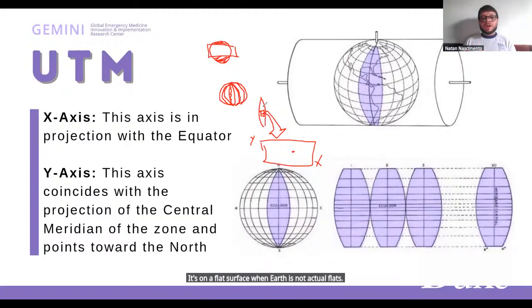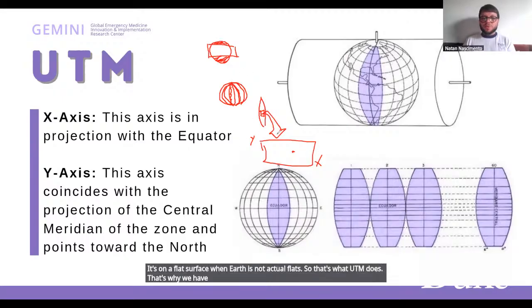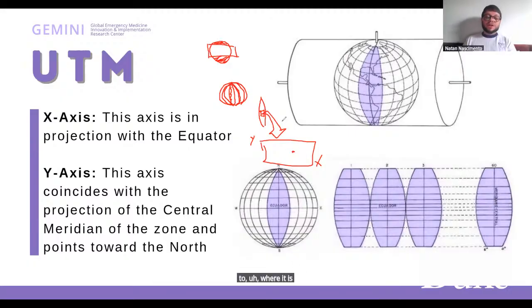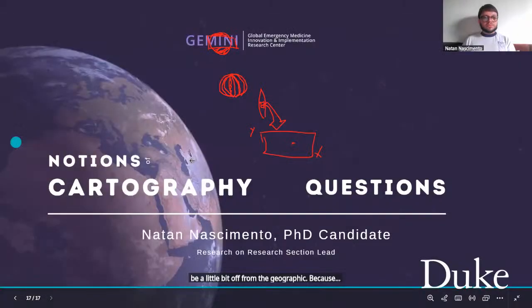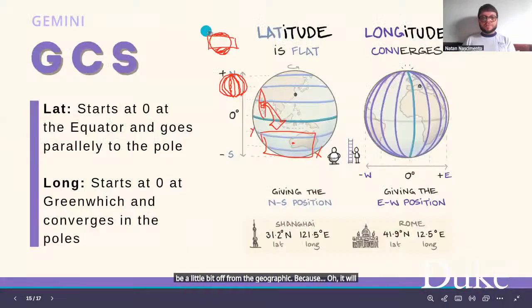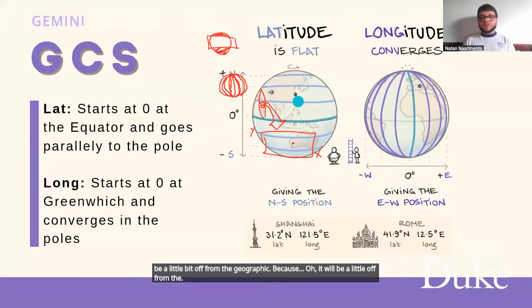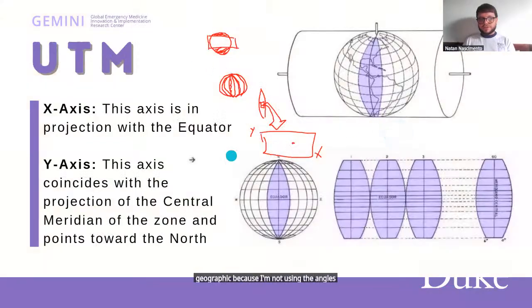So that's what UTM does. That's why we have an X and a Y axis. It's easier for us to project this. I will know exactly where it is, but I will also be a little bit off from the geographic because I'm not using the angles, I'm using the flat surface.